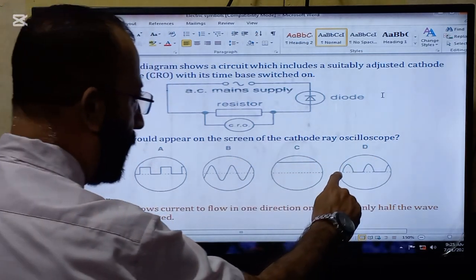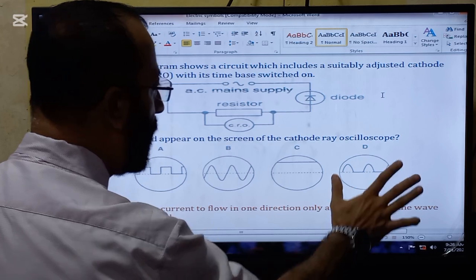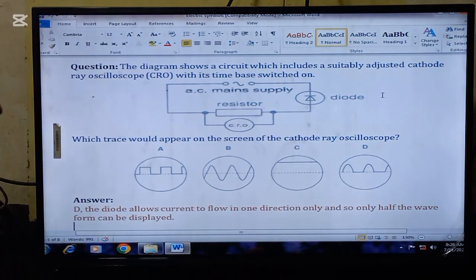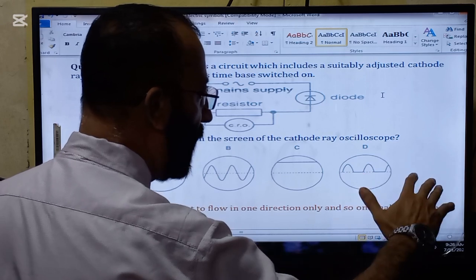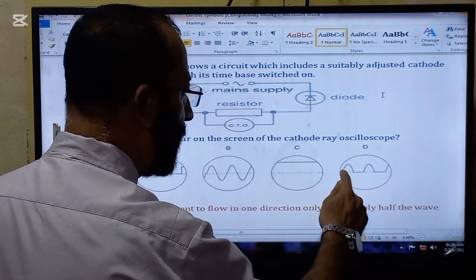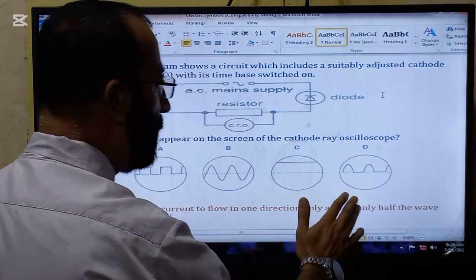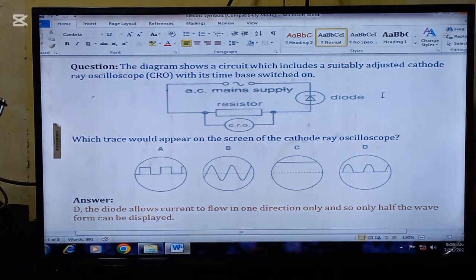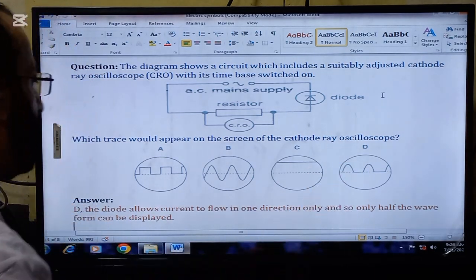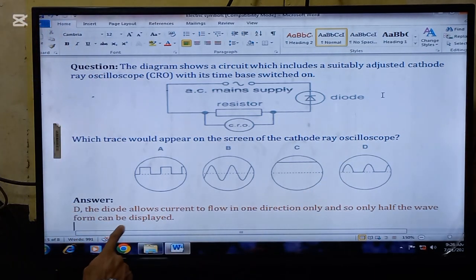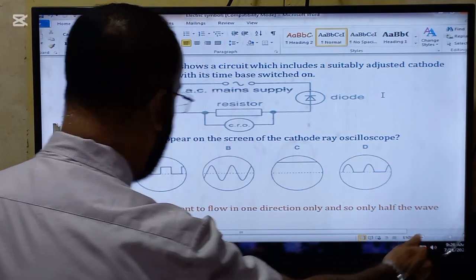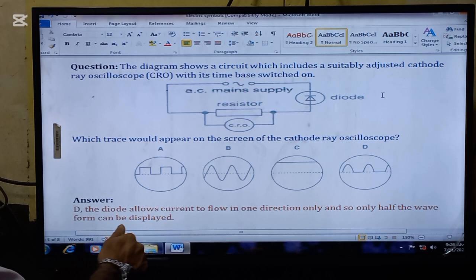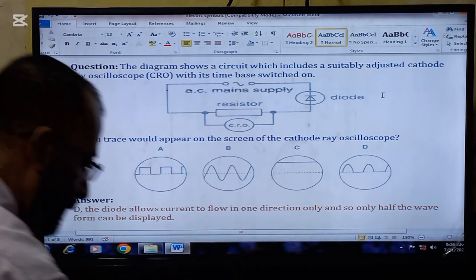So look now, this trace will appear on the CRO because the forward half wave is allowed to pass, whereas the reversed half wave is stopped. So D will be the answer.